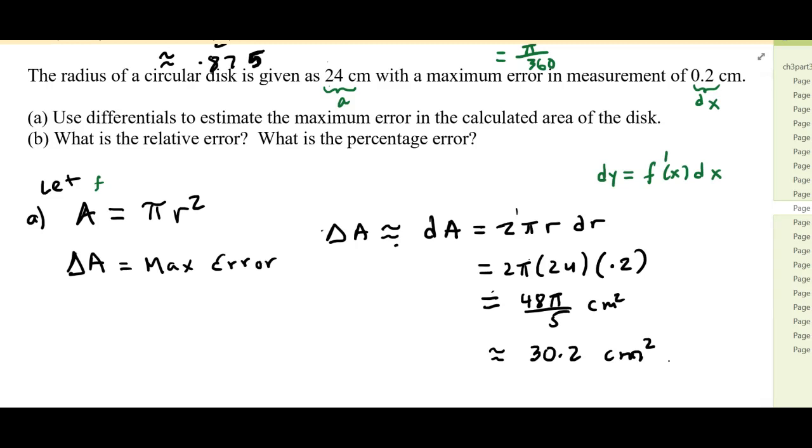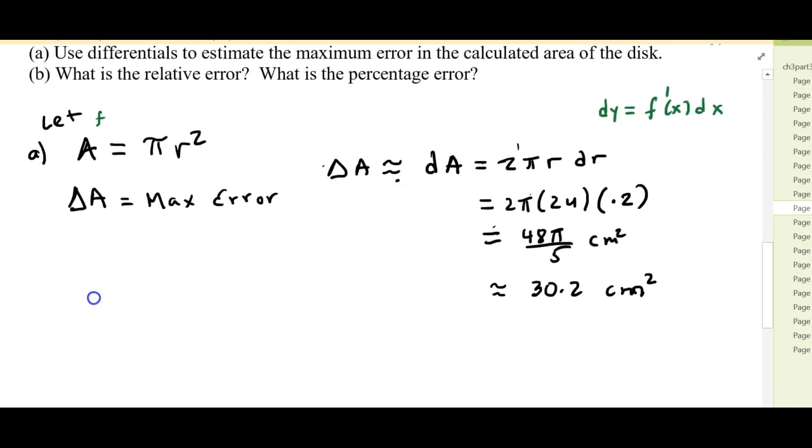See, it all depends on what the actual object is, or how big it actually is. Let's say if it's 30.2 centimeters squared of this entire wall, that's not a lot. But if it's 30.2 of a small piece, that's a lot, right? So to see exactly how big of an error this is, we look at the relative error.